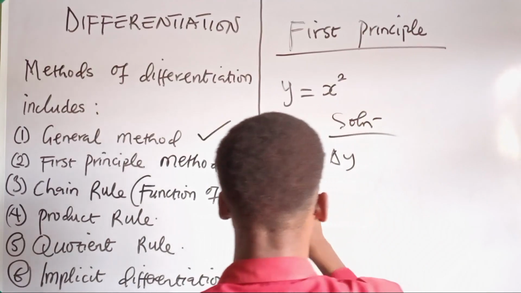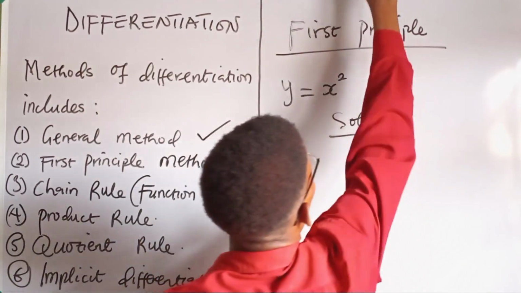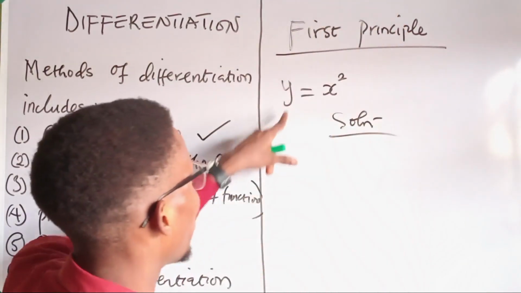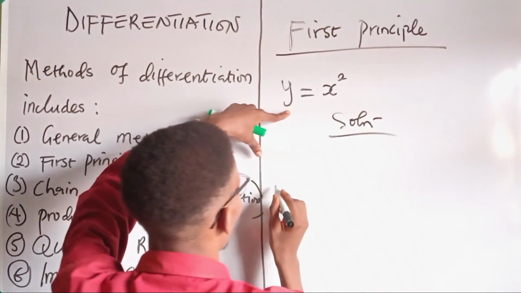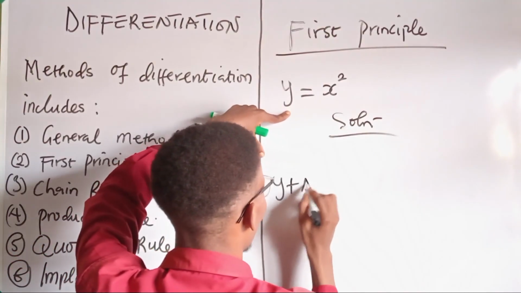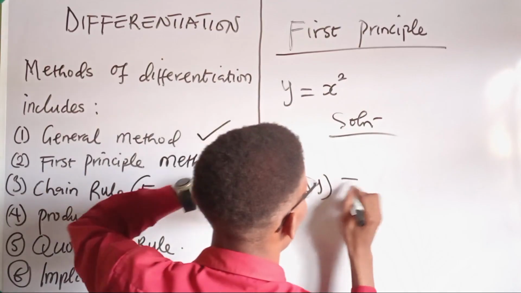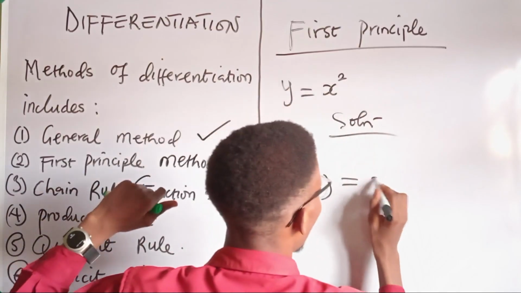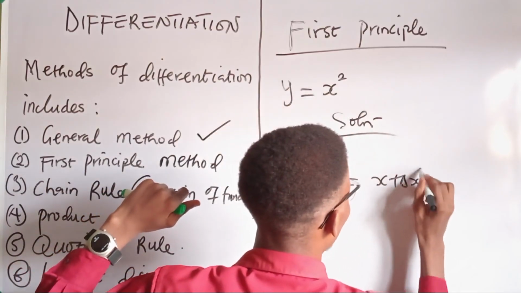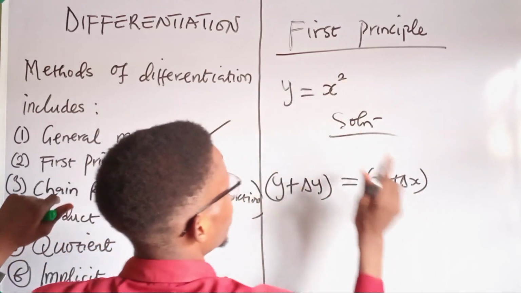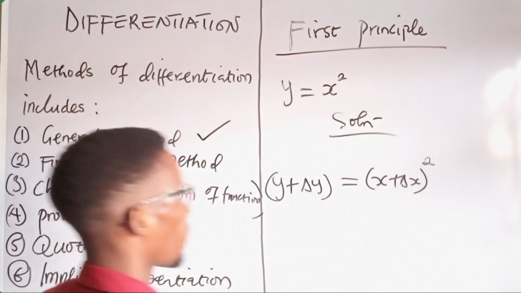Having done that, y here can now be y plus change in y is equal to, then x here should be x plus change in x. Then remember x is squared, so we have to square it.